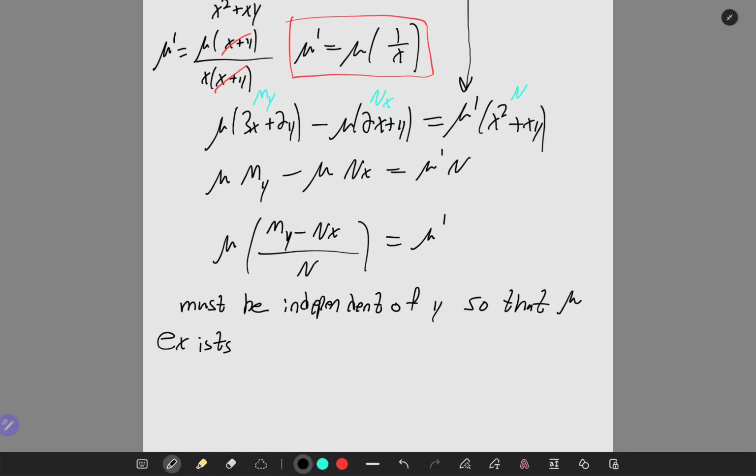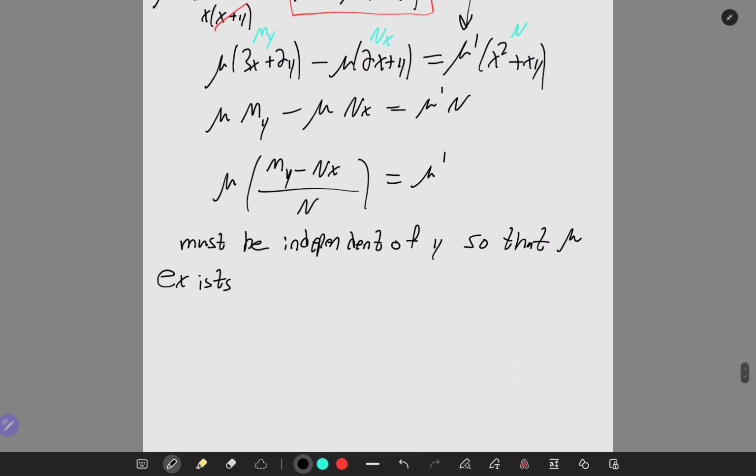So those do come from somewhere. I was just thinking because this does matter. In other cases, it might be flipped. Nx and my might be over here, and this might be m. So that's where you're gonna notice that we have two possible scenarios. It's either gonna be this way, or the other way. If it's this way, if we're left with my minus nx over n, then it must be independent of y. Okay.